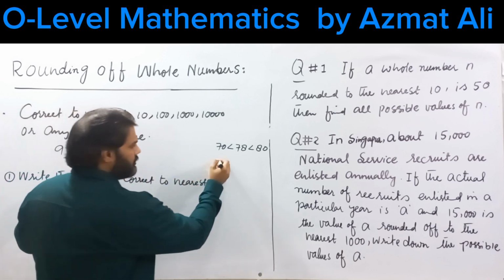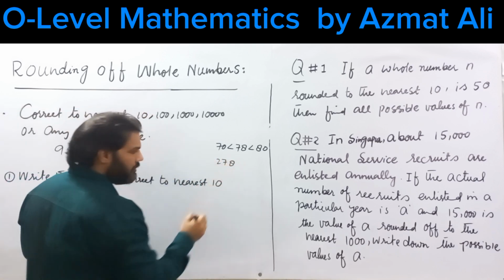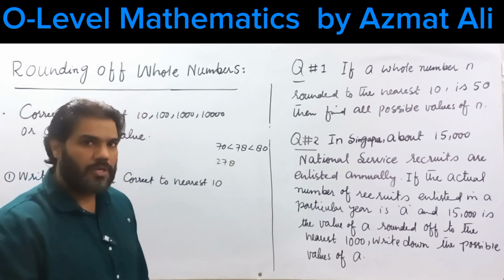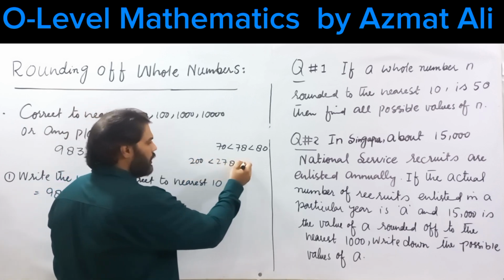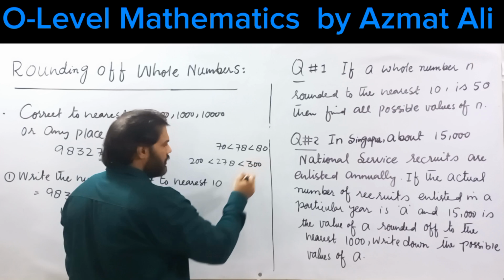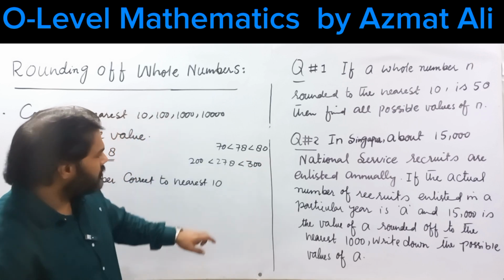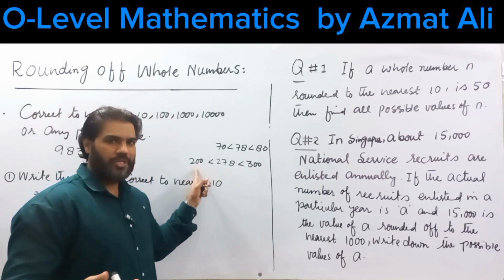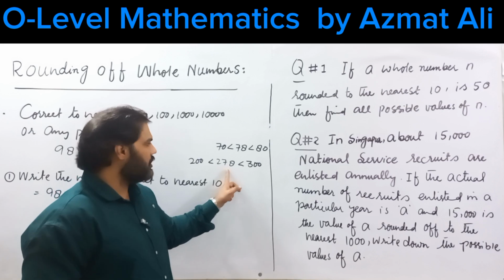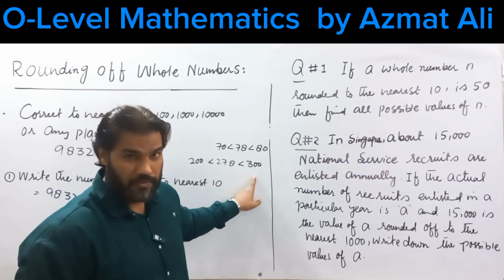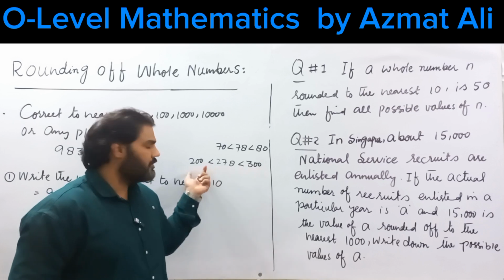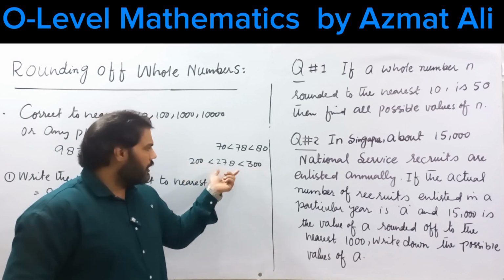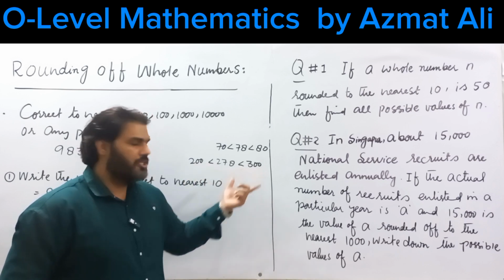Now 278 lies between 200 and 300, whereas the distance of 278 from 200 is 78 units, while 278 is only 22 units away from 300. That is, 278 is closer to 300 than 200. So we replace 278 with 300 only.